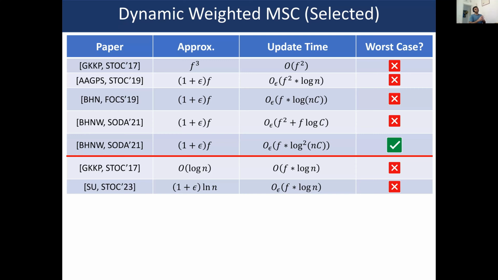If we know that f is low, let's say lower than ln n, then we'd rather have a primal dual-based algorithm because that would give a better approximation. We call the results that dynamize the primal dual algorithm the low frequency regime, where f is smaller than ln n.